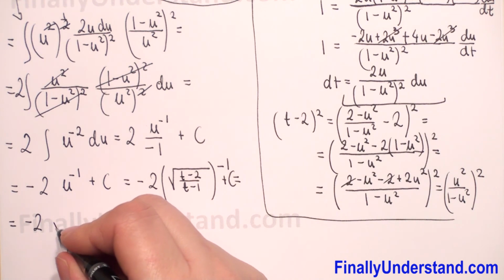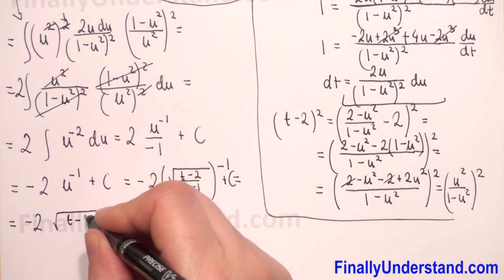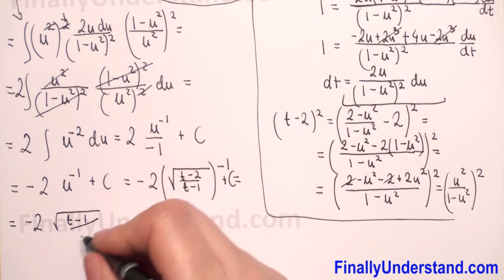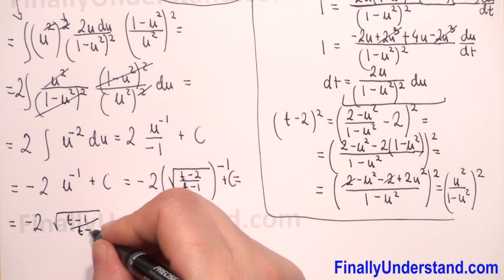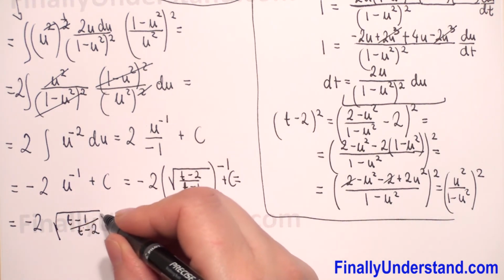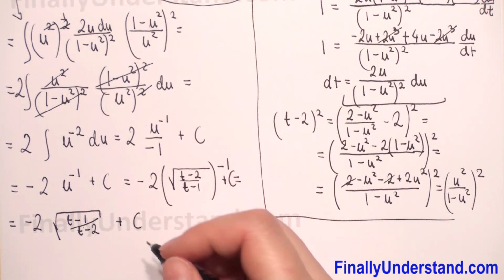So it will be the square root of (t minus 1) over (t minus 2), plus constant c. This is my solution.